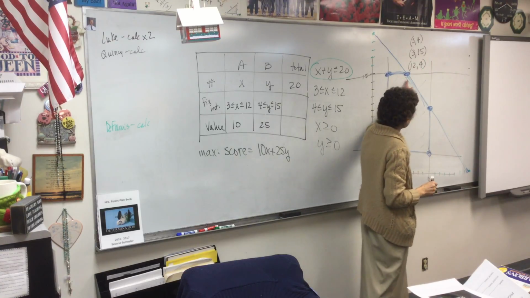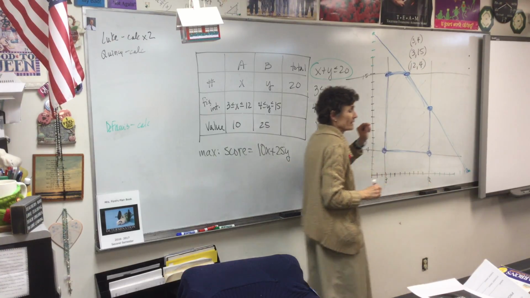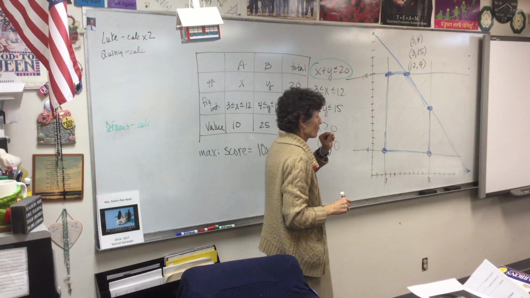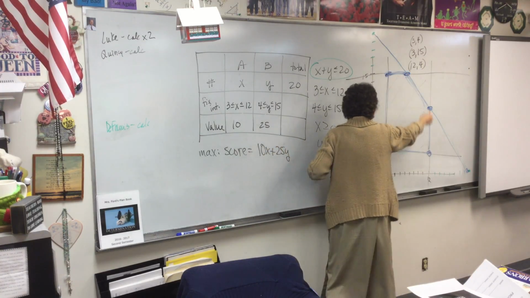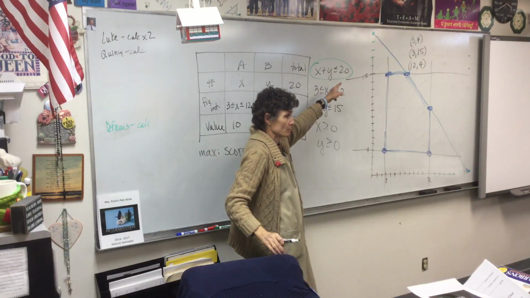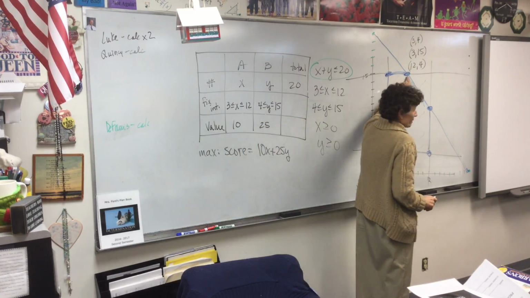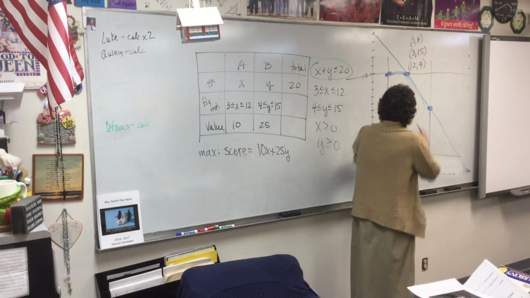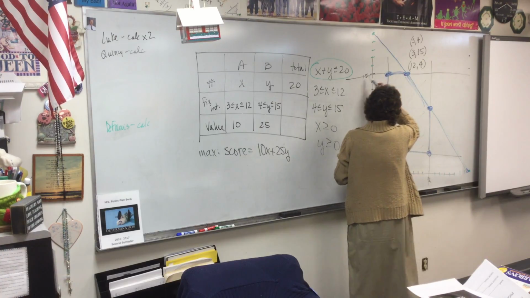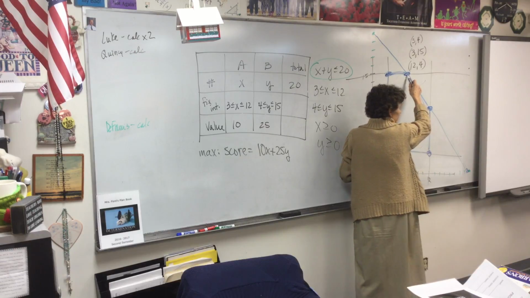Now these other two on the diagonal, those are a little bit harder, but still not bad. Remember that if they're on the diagonal, they have to add up to 20. So this guy right here, I know y is 15.